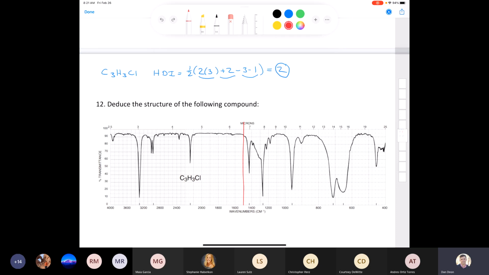So if we have 2800, 2900, 3000 is right there. So this is 3000 reciprocal centimeters, and this is 1500. Does anybody see anything in here that piques their interest, that tells them, I think I see some interesting signals here?